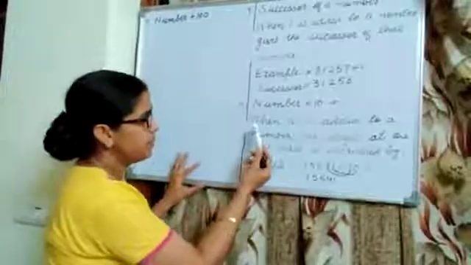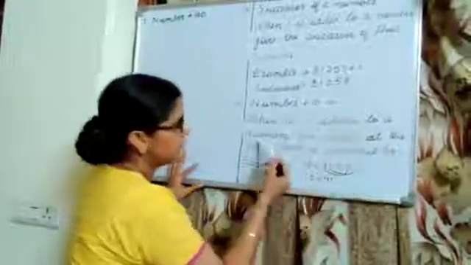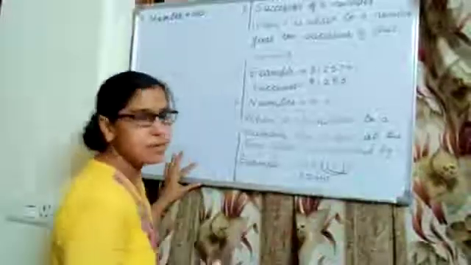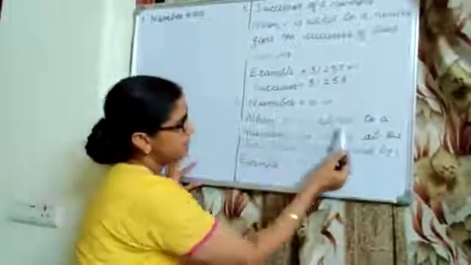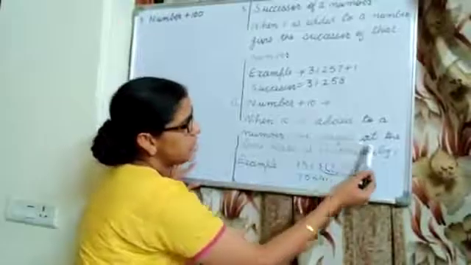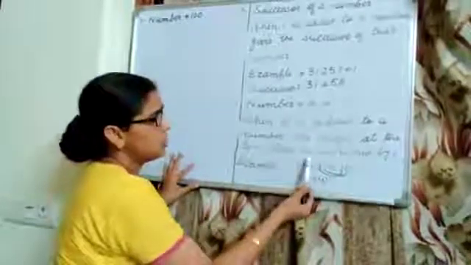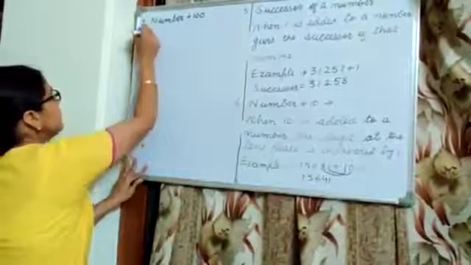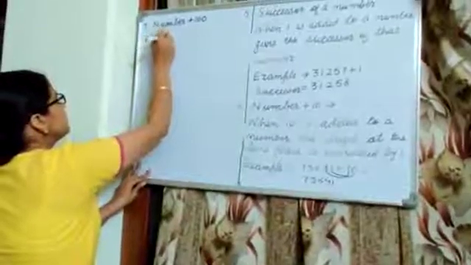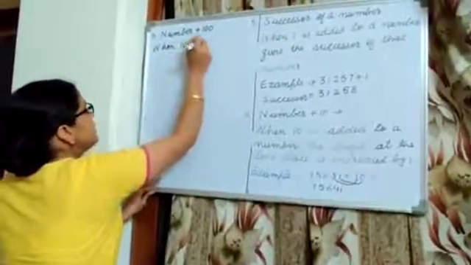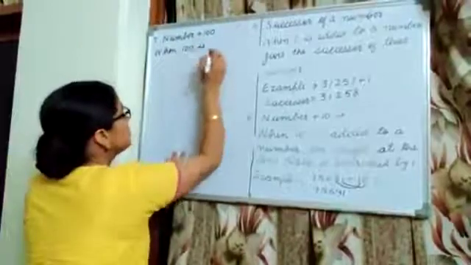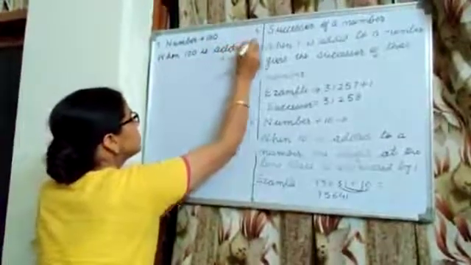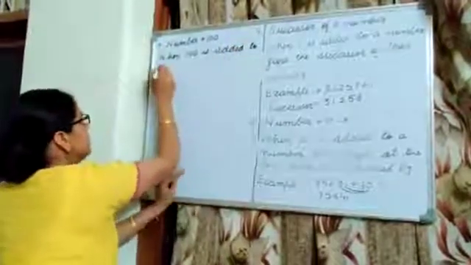Here we have written, when 10 is added to a number, the digit at the tens place is increased by 1. Here what will happen? When 100 is added to a number, the digit at the hundreds place is increased by 1.